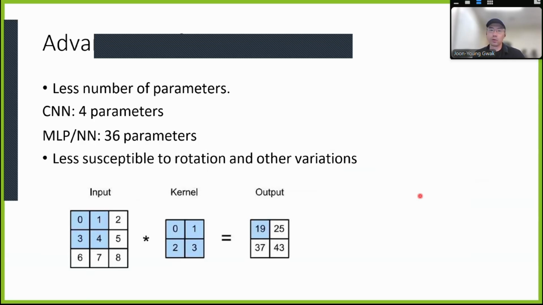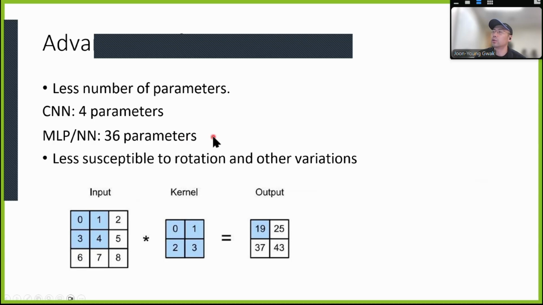Okay. So the advantage of a CNN, which I have also talked about in the beginning, is that it involves a smaller number of parameters. The MLP could be over-parameterized: if there are 9 input neurons and 4 output neurons, then since they are fully connected, it would result in 36 parameters to train.